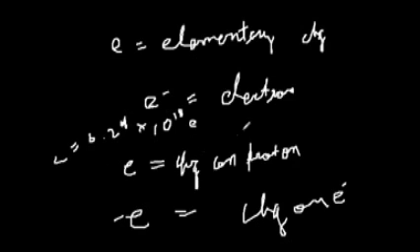And 1 E has 1.6 into 10 to the power minus 19 coulomb. This is the charge on proton, and if you just add one negative sign right in front of this, it becomes the charge on the electron.